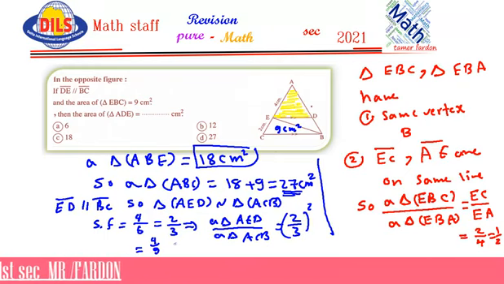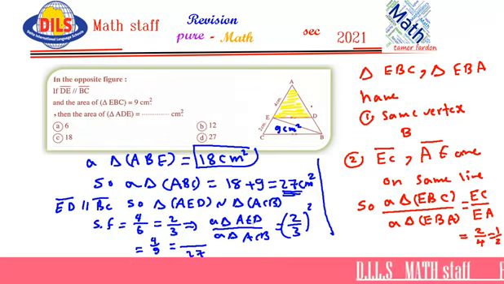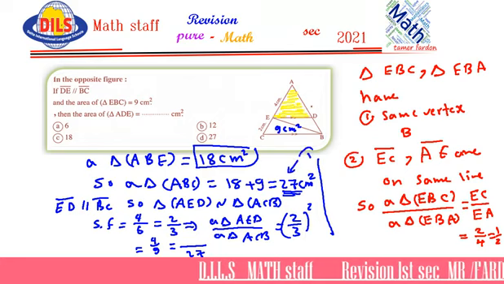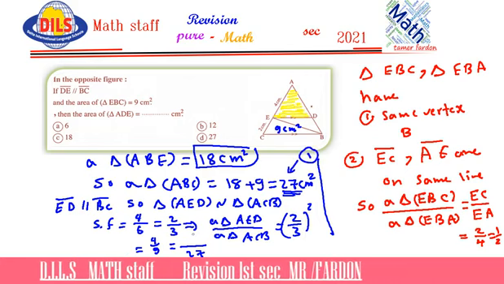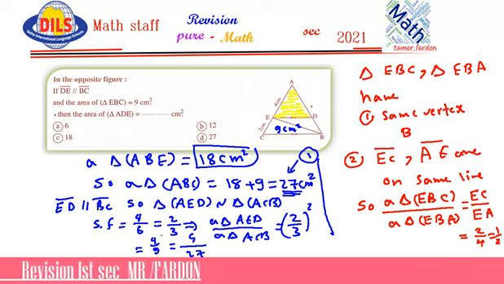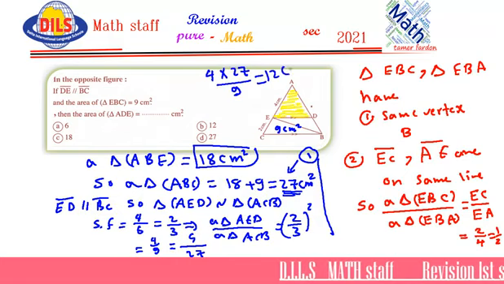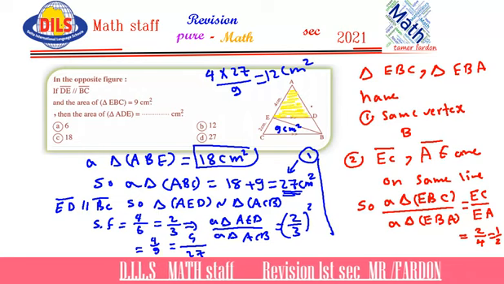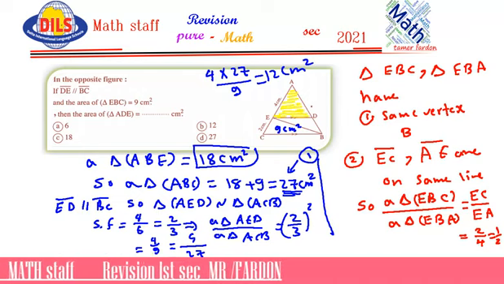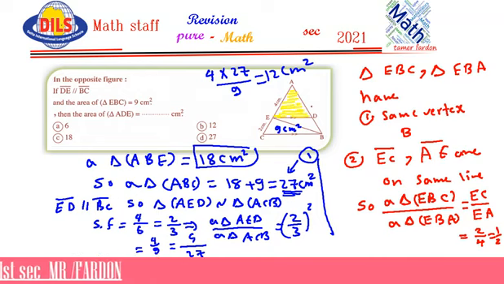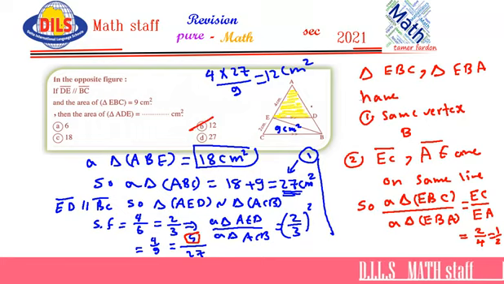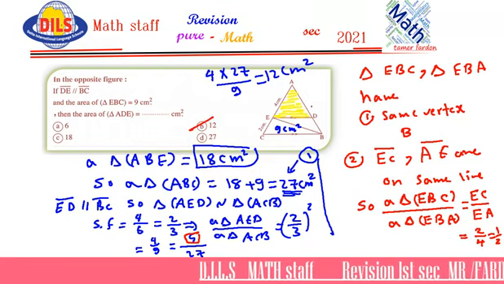Since area of triangle ABC equals 27, area of triangle AED equals 4 times 27/9. We get 12 centimeter square. High level problem. So the correct answer is 12 centimeter square.